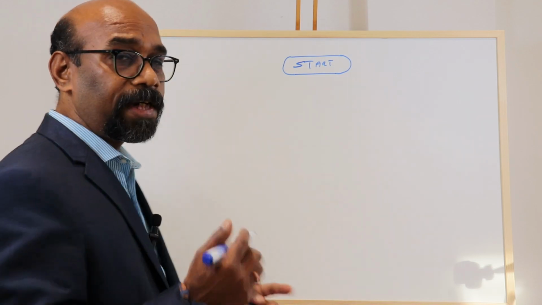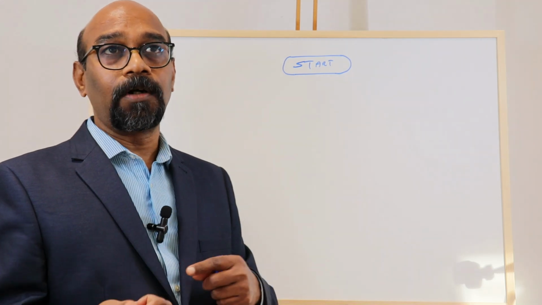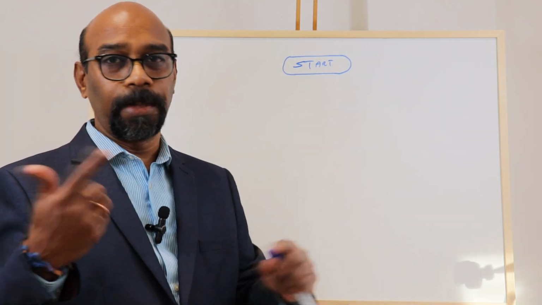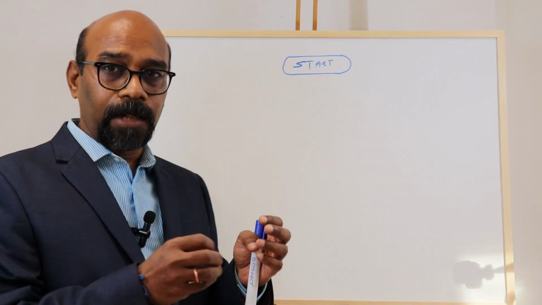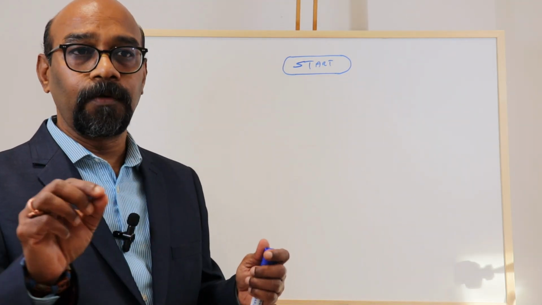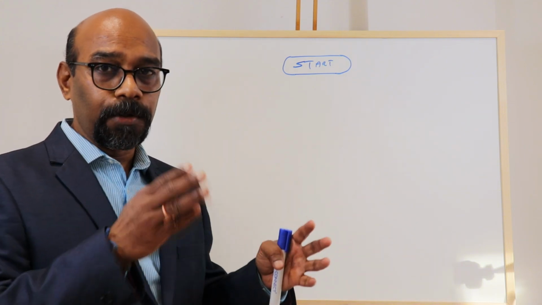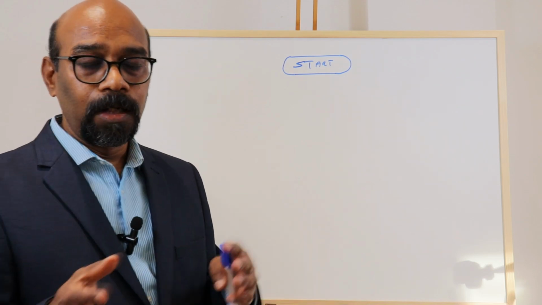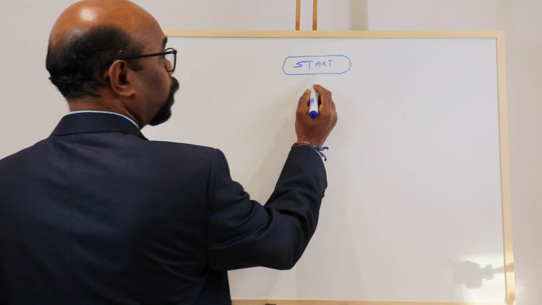Next we need two numbers. Let me call them number 1 and number 2, or you may call them A, B, C, but when you define a variable, make it a meaningful name. This is a very good practice when you write a program, so you follow the same practice. I'm going to leave some space there.